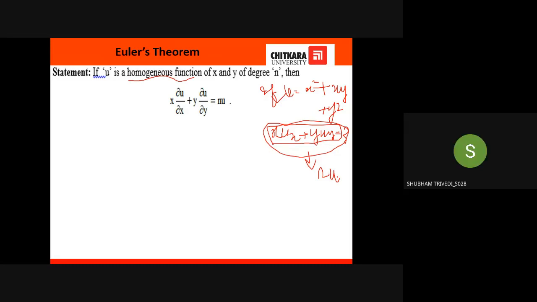Yes, ma'am. So the concept is clear to you. See, u is a homogeneous function with degree what? 2. U is equal to x square plus xy plus y square. It's a simple polynomial and you can observe that it is a homogeneous function with degree 2. If u is a homogeneous function, then this result is true. So ultimately you need n. N is what? Degree.